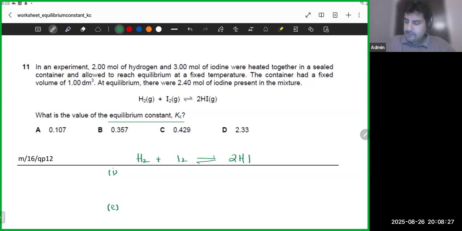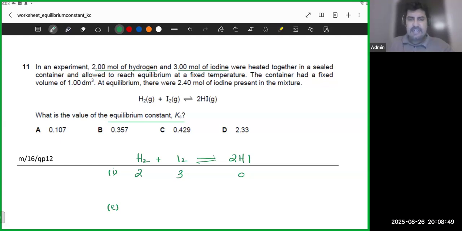So the initial concentration that's given over here, what is it? You're given 2 moles of hydrogen. You're given 3 moles of iodine, and they were heated together. So that means you're not given any moles of HI. Okay, that is not given. So those are your initial moles.